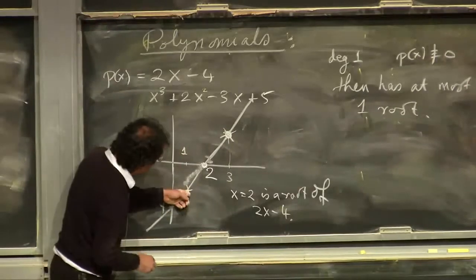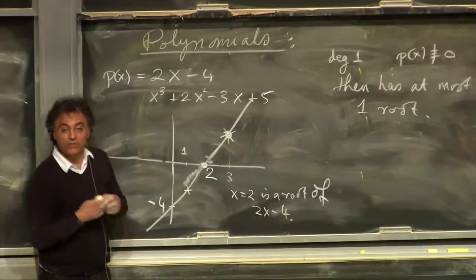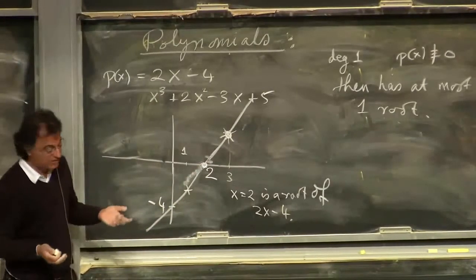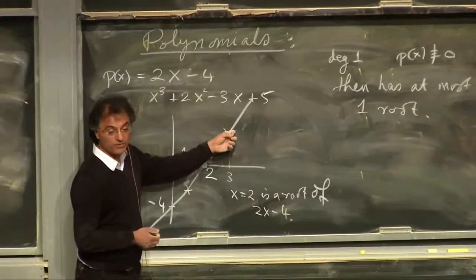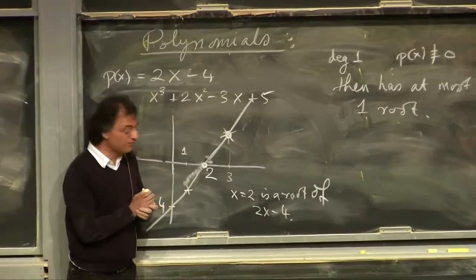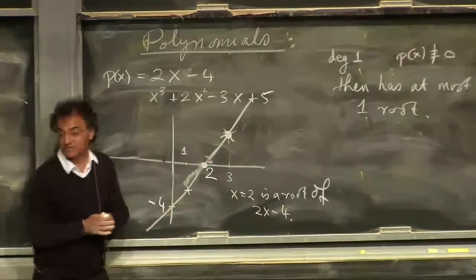If I give you just these two values and leave off everything else, and I ask you, what's the polynomial of degree at most 1 that goes through these 2 points? The claim is there's one and only one. You can find one that goes through these 2 points, and there's only one. There's a unique one.